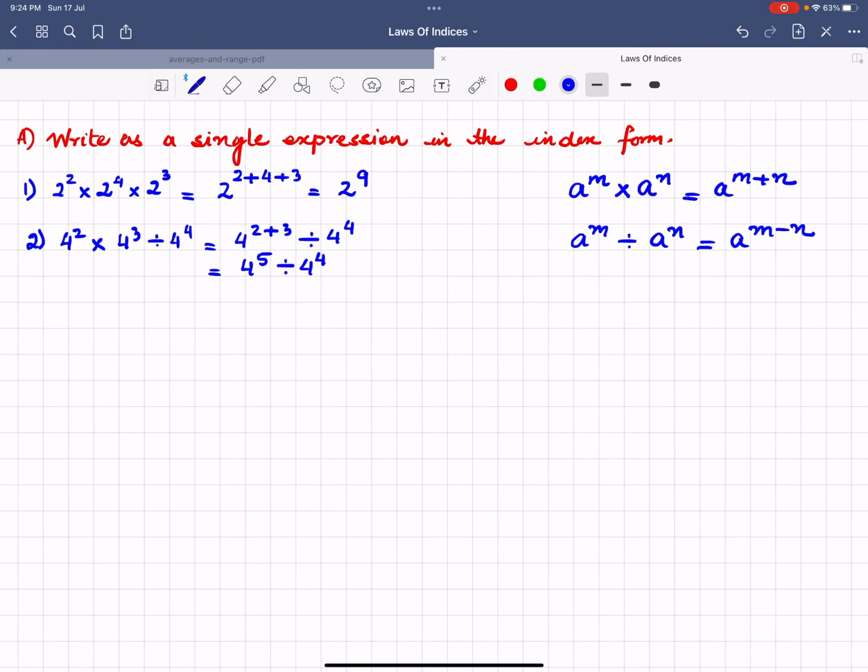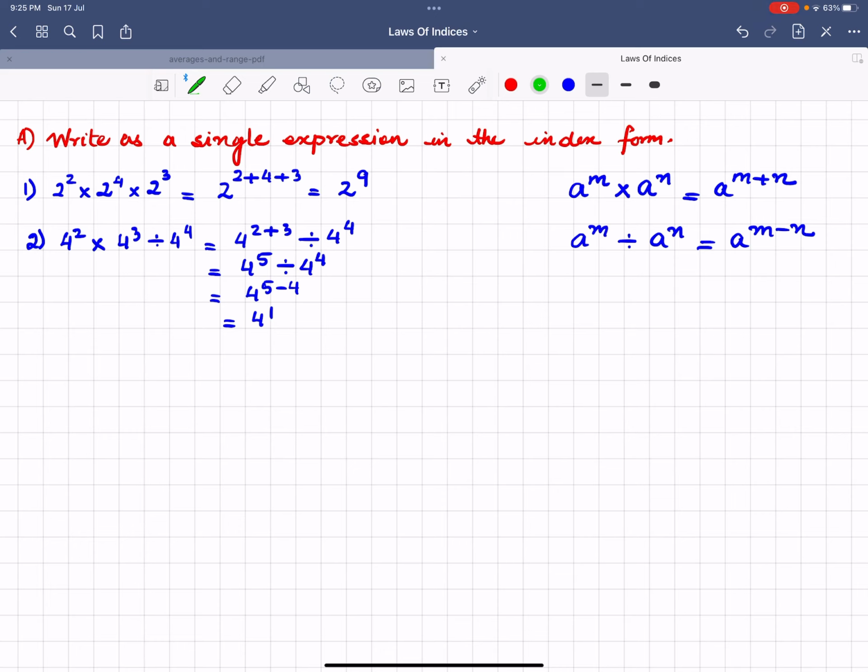Now the bases are divided, therefore the powers will subtract. So we have 4 to the power of 5 minus 4, and that is equal to 4 to the power of 1. We could have also done this question directly.